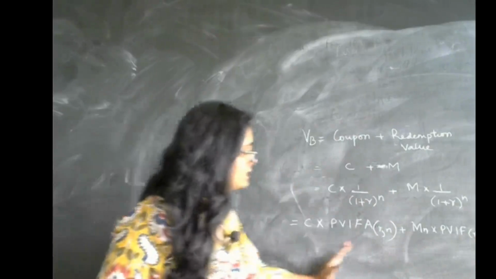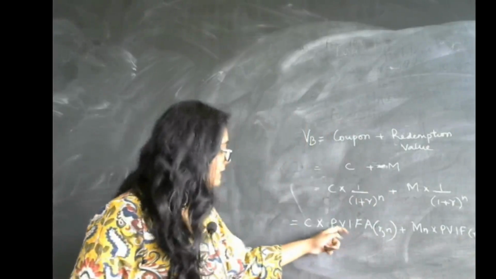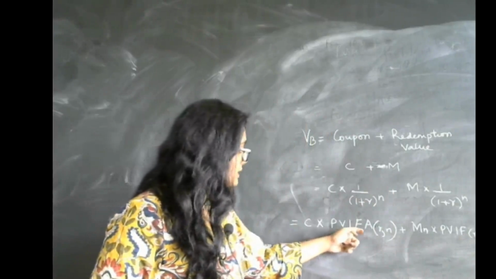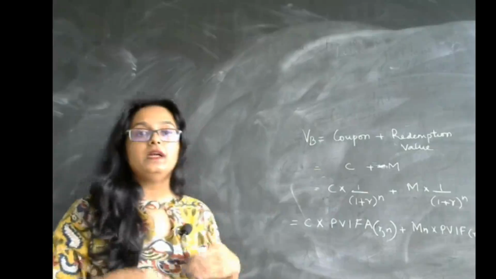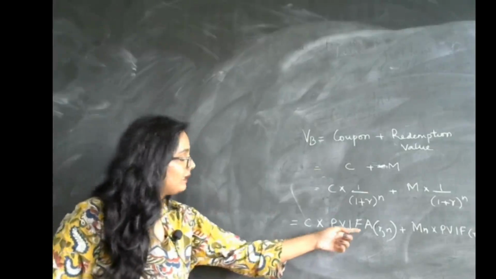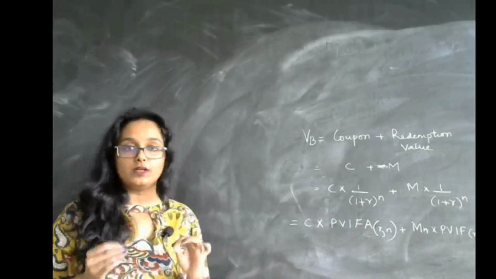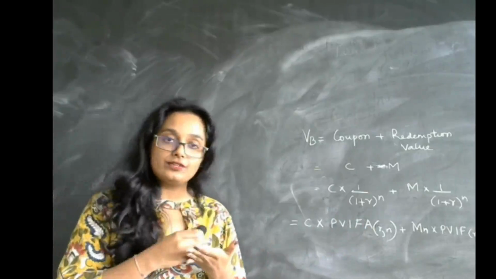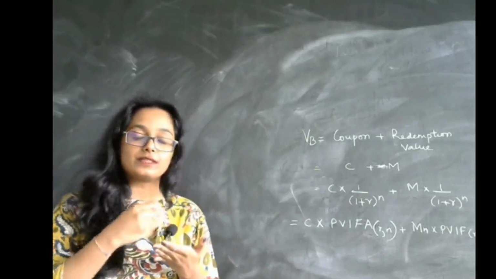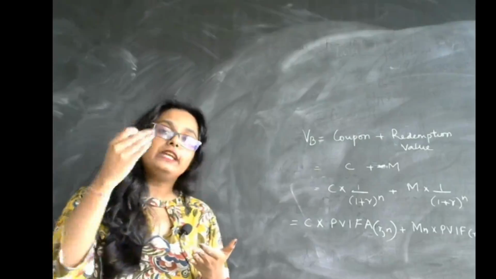Okay, so this is why we have used the present value interest factor annuity over here, because it is an interest amount, and interest amount is required to be paid every year.